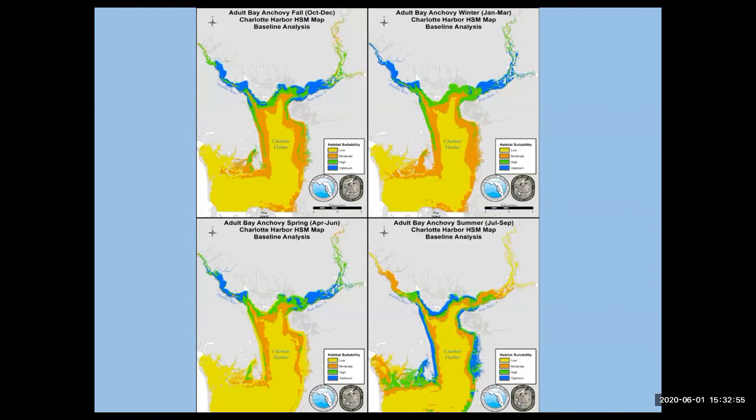Here you can see a better case of, I think it was a general case, to say that when you have a lot of rainfall in the summer, you get an expansion of the geographic range, particularly the optimum zone expands down into Charlotte Harbor. So you can see that in the summer map for adult bay anchovy. The interesting thing about all of these seasons, though, is that previous work I did in 2019 indicated that each of these species life stages has a preferred salinity range that stays about the same between seasons.